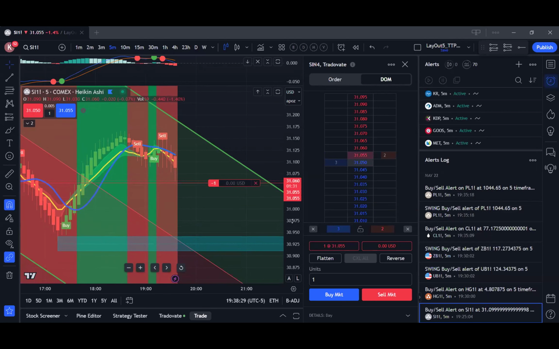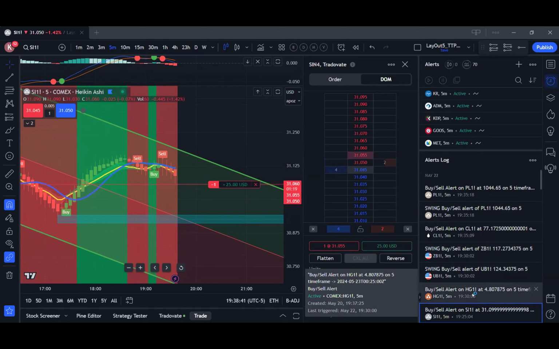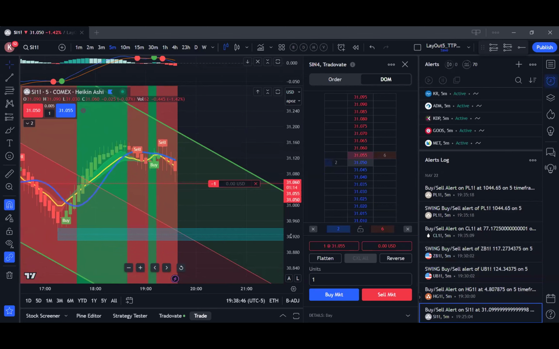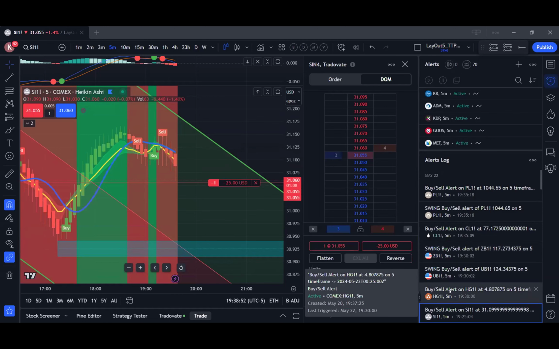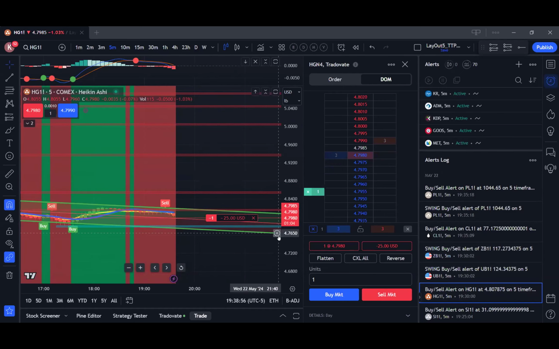Overall, very bearish. So we have one copper short, and then we have one silver short.